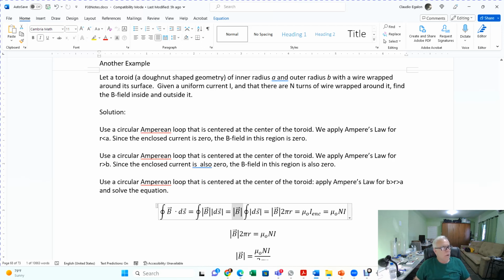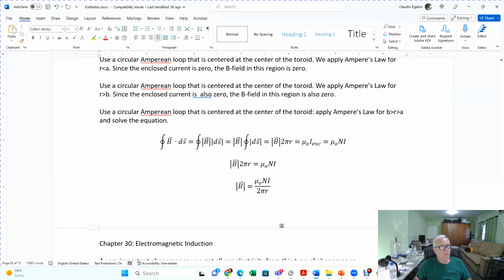You want to calculate only the B along that specific Amperian loop. You can take it out, and then we have an integral of ds, which becomes 2 pi r. I enclosed is N I. B 2 pi r equals mu naught N I. Solve for B, and look what we get. Something similar to what we got for the wire.